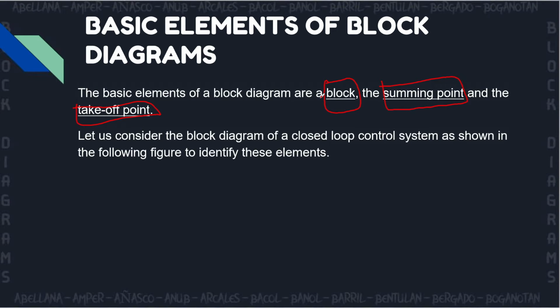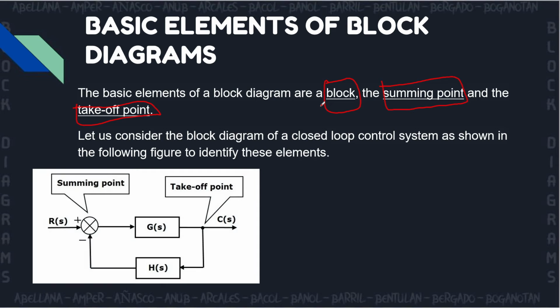So let us consider the block diagram of a closed loop control system, as shown in the following figure, to identify these elements. Okay, so we have our closed loop control system. This can be considered a closed loop since the signal will go from here to here, and it has a takeoff point.